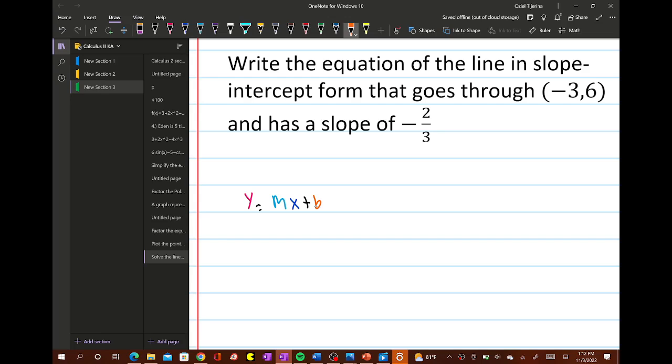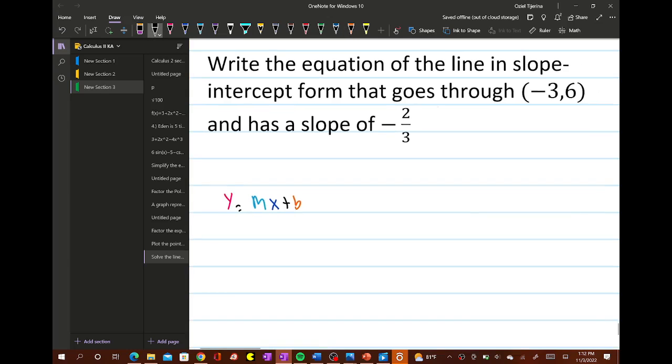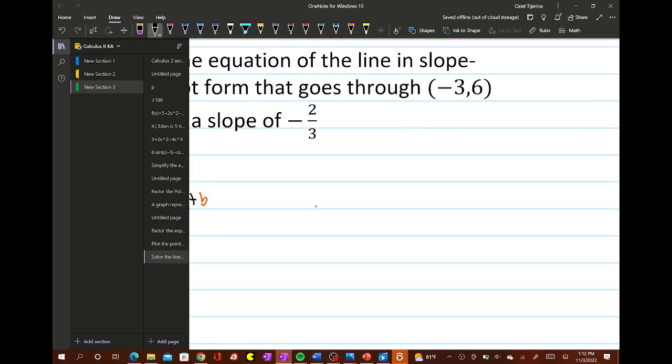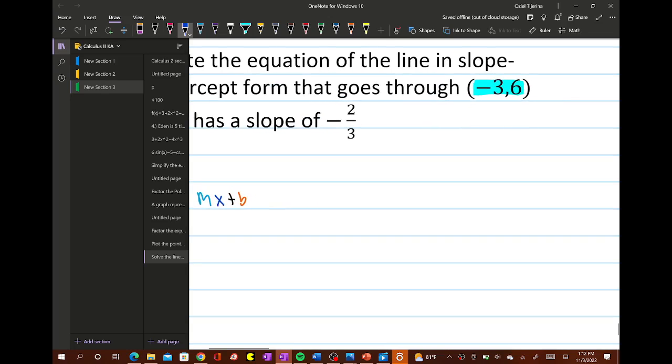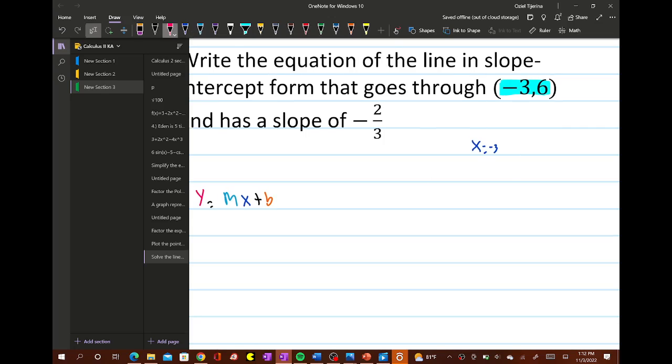Basically, you have a point here, (-3, 6). So you can say that x is equal to -3 and y is equal to 6.